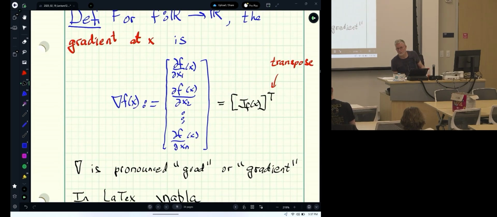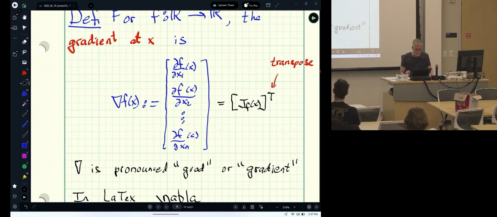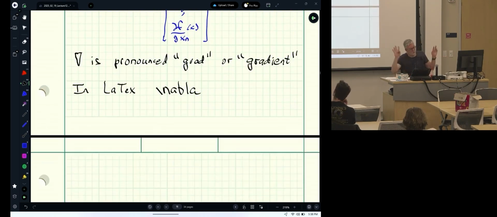So, you guys going to have any trouble computing a gradient? Probably not, because we did a pretty good job on the Jacobian, and the Jacobian was more complicated because it had multiple rows. Here we just have a scalar function. The only thing is, in the Jacobian we put them in a row, and in the gradient, we put them in a column. Now, columns in Julia are the only true vectors.